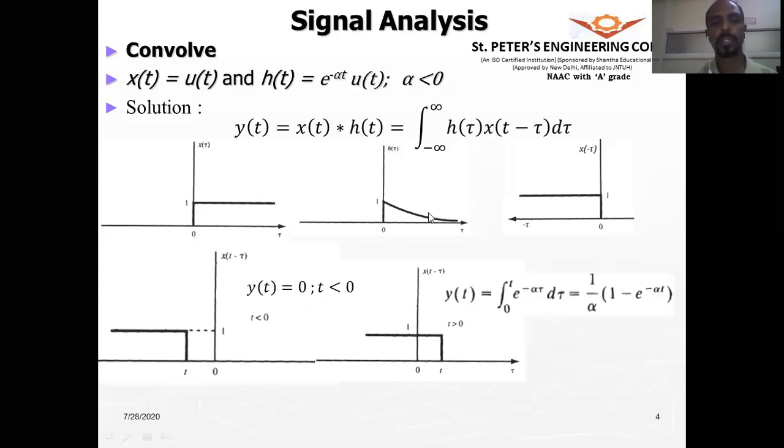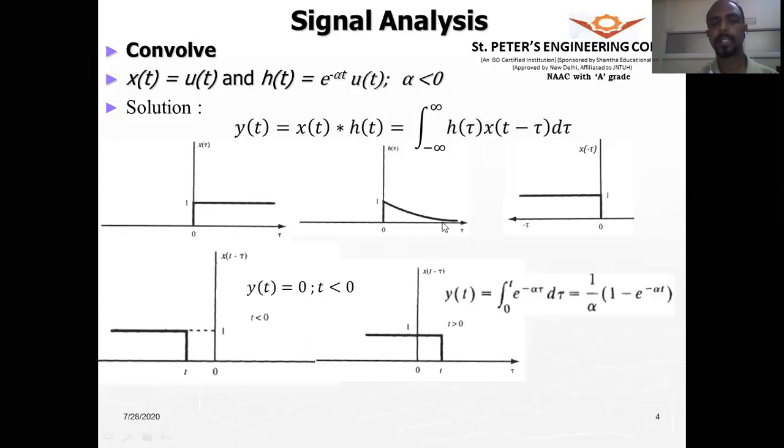So these two signals we have taken, and then we saw that when we convolve this, it is either no overlap or partial overlap. Now we see that the signal is only partially overlapping for whatever value t takes.